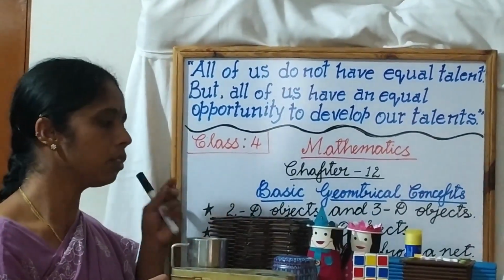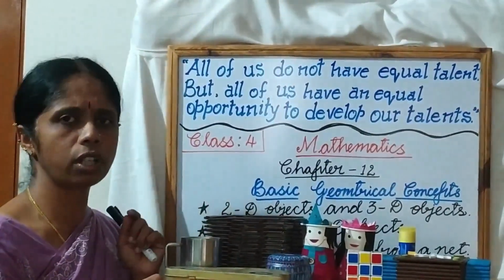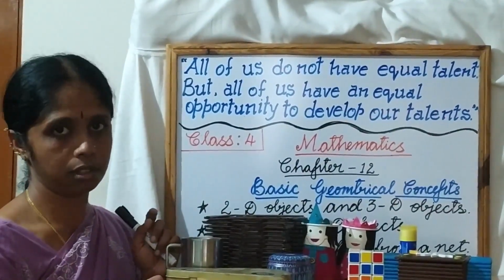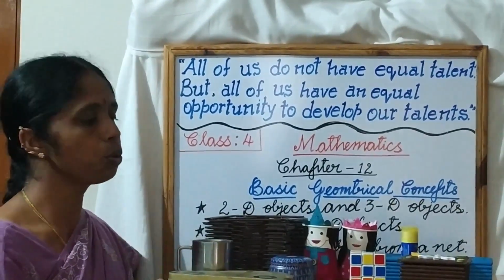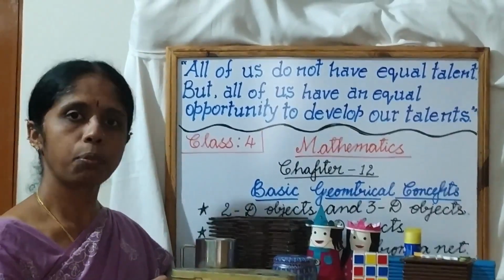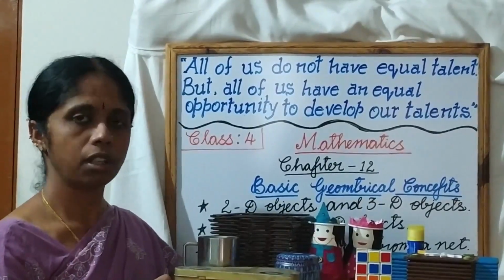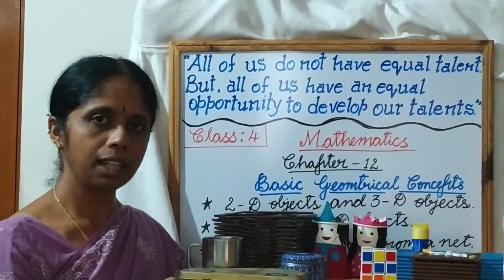So these are all the objects which you can find at home, and they have different shapes. Today we are going to know more about properties of solid shapes and plane shapes. Are you all ready? Let us start.